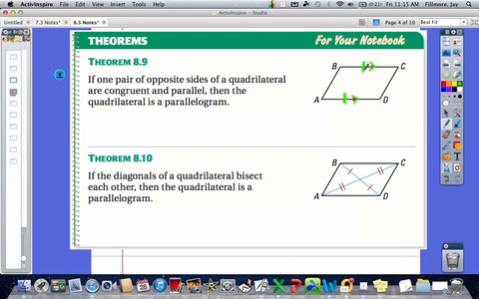The second one, 8.10, we've already seen somewhat from the last section of notes, that if the diagonals bisect each other, these halves are congruent to each other, we know that this quadrilateral is going to be a parallelogram. And if you're interested in how these were actually proved by Euclid or other mathematicians in the past, feel free to come see me before school or after school or send me an email. I would love to talk about it, but for the sake of this video staying concise and short, I'm going to skip the proofs for now.